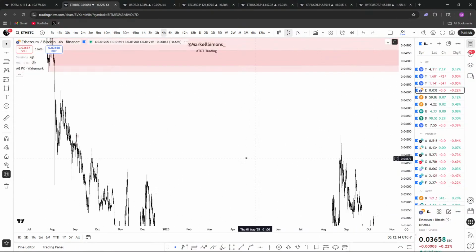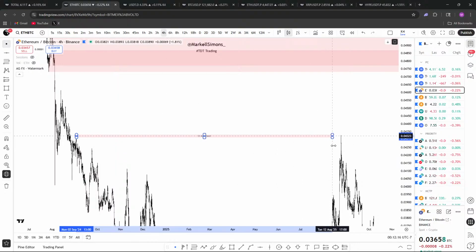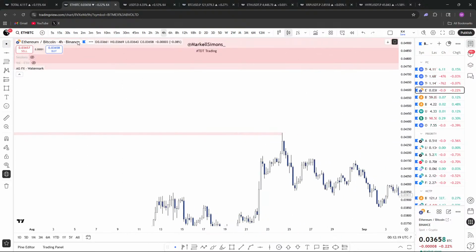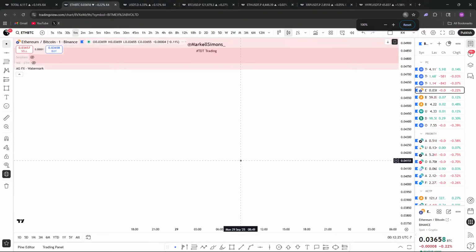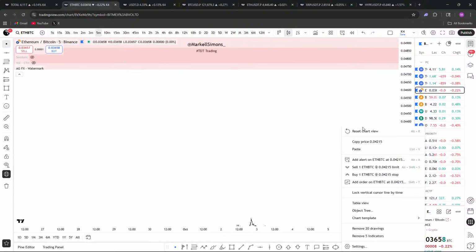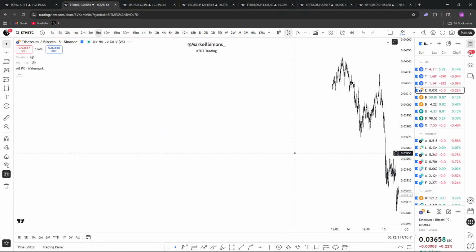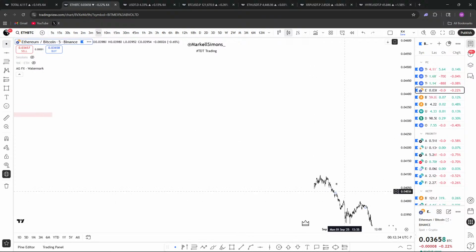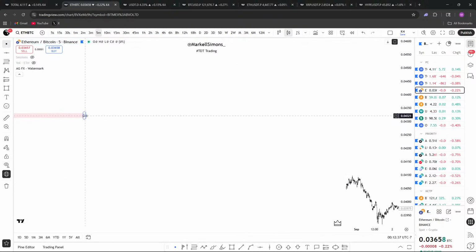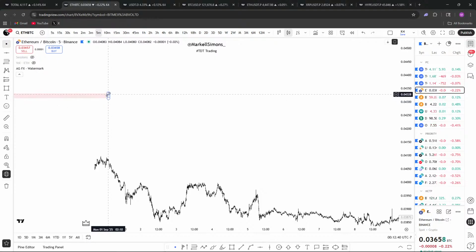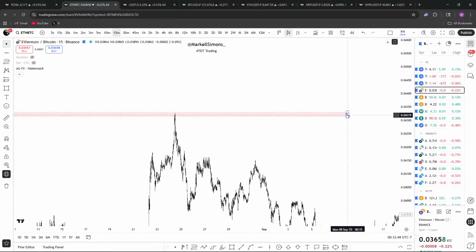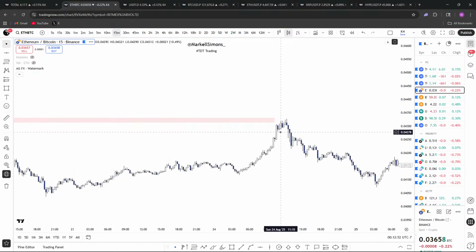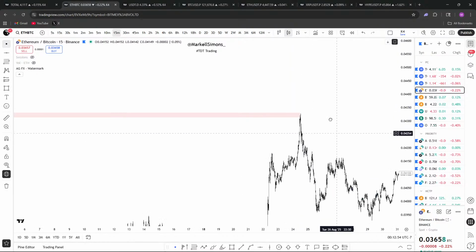Just use the horizontal tool. Dang, that look hella distributive. What the heck is going on? Oh, I'm like, bro, where is it at? Okay.